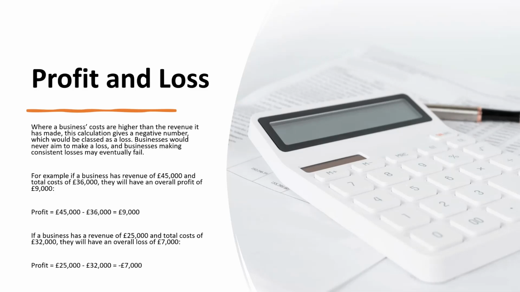Whereas for a loss, if a business has a revenue of £25,000 and total costs of £32,000, they will have an overall loss of £7,000. So again, the calculation for that one would be £25,000, take away £32,000 equals minus £7,000.